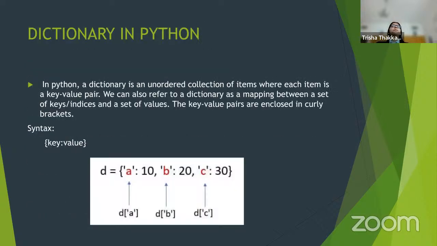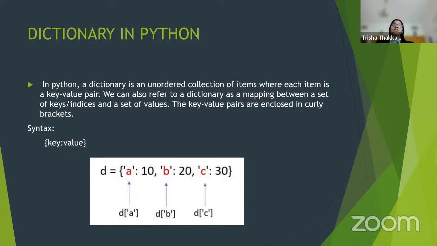Now, I'll be talking about dictionaries in Python. In Python, a dictionary is an unordered collection of items where each item is a key-value pair. We can also refer to a dictionary as a mapping between a set of keys or indices and a set of values. The key-value pairs are enclosed in curly brackets.